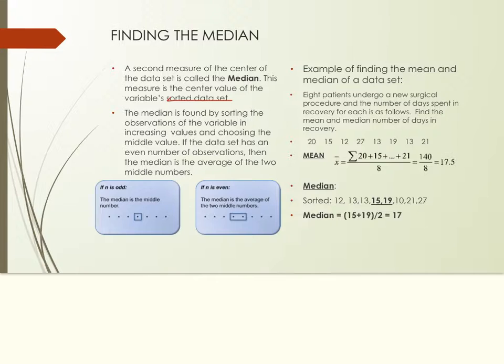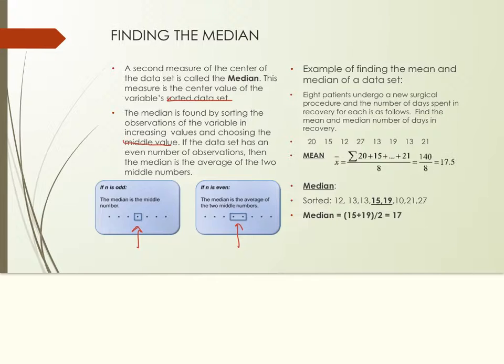From that sorted data set, you find the middle value. If the data set has an even number of observations, then you take the 2 middle observations, add them together, and divide by 2. If it's odd, you just find the middle observation.